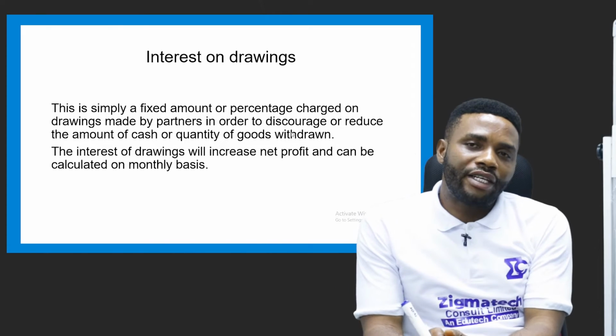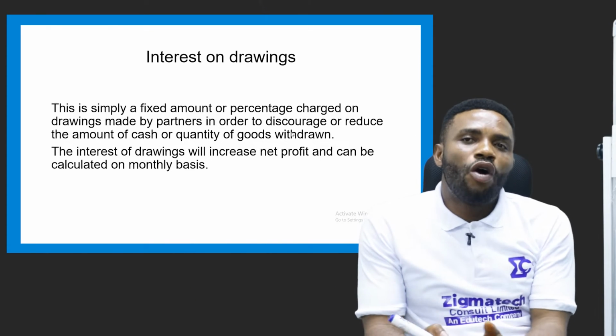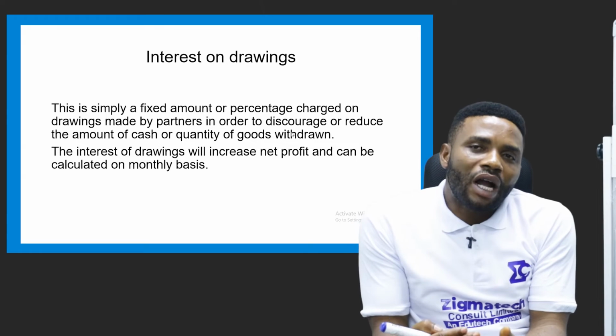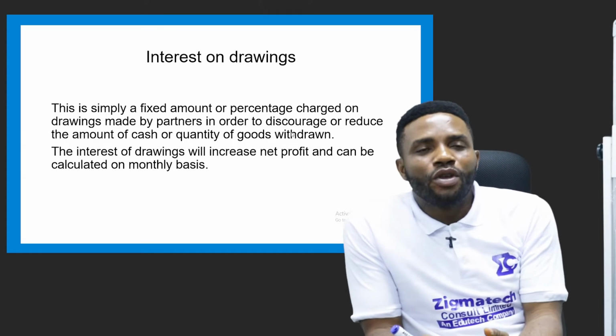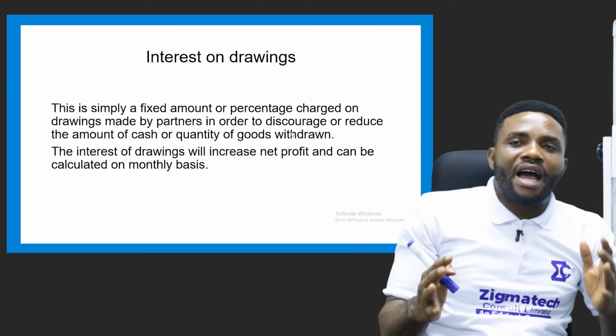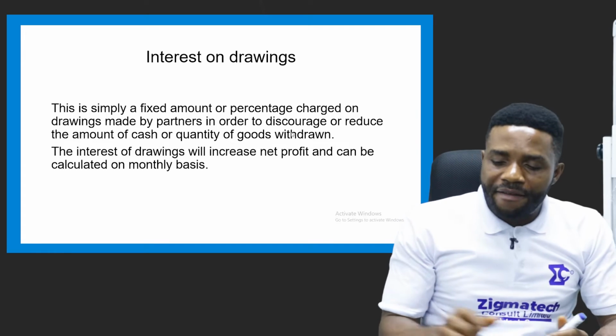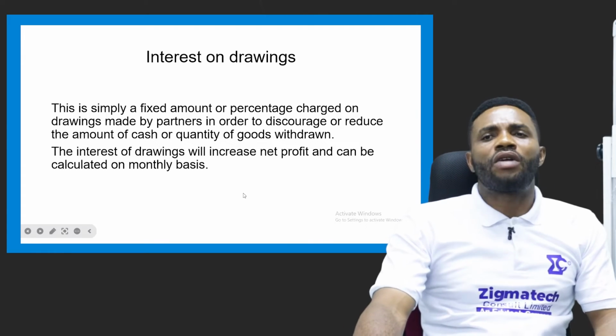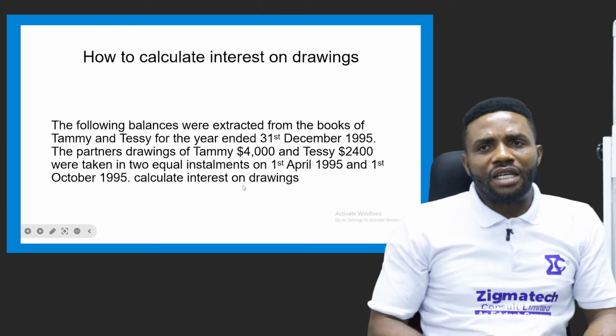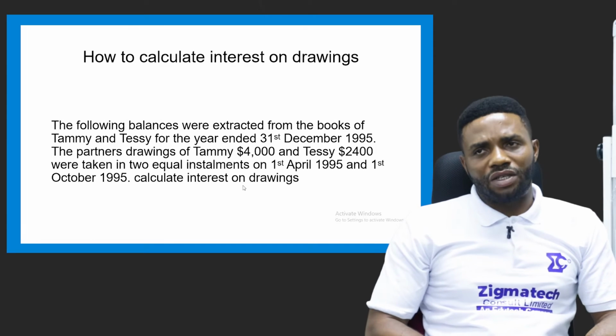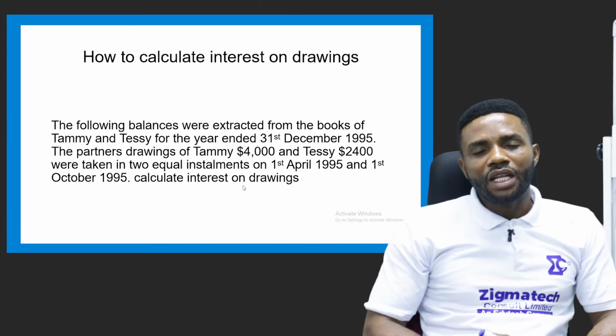So what we want to do is describe how to calculate interest on drawing, so that by the time we prepare our capital account, it will be very simple for us. Let's look at how to calculate interest on drawing.